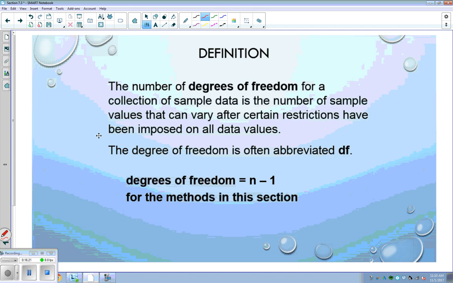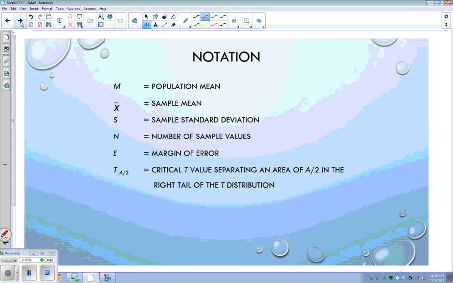If I summed all those up, I'd have to get 800 as a total of scores, because I divide by 10 and get 80 back, right? So for that last score, the 10th score, I could have all these scores, 9 of them, but that 10th score would have to make the difference between this total and 800. So that's why it's a minus 1. I know that's a little technical, but I won't test you on that. I just wanted you to get an idea that there was some thinking as to why the degrees of freedom is n minus 1. And that's why it works.